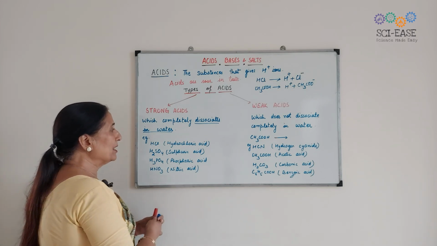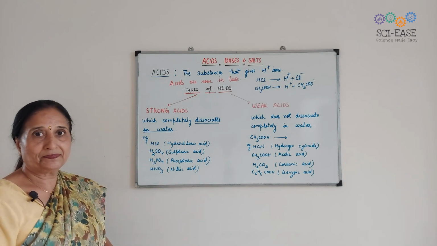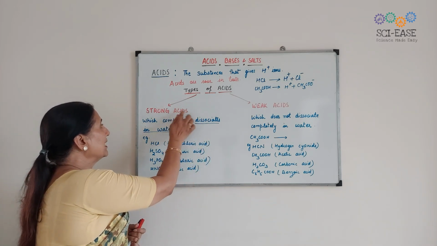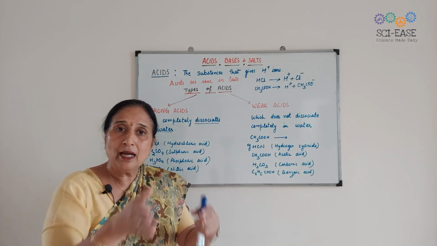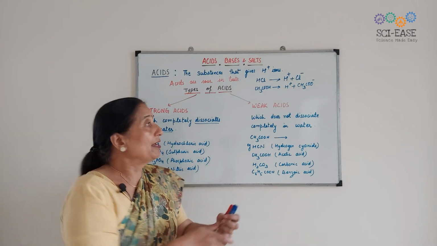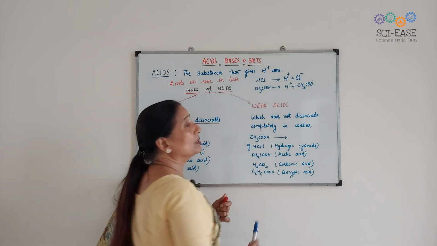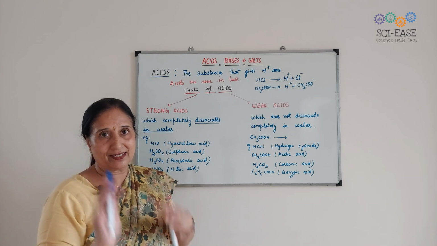We come across these acids in our chemistry lab. So strong acids completely dissociate. What do you mean by dissociate? It means break down. They will completely break down into positive and negative ions.